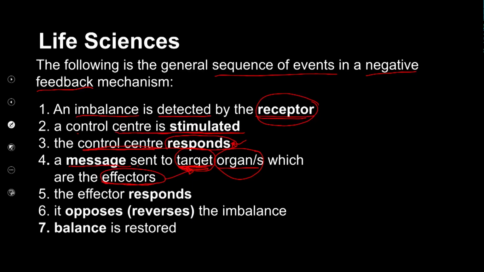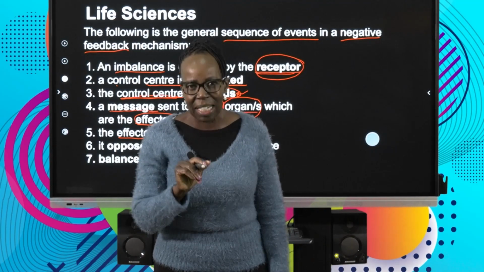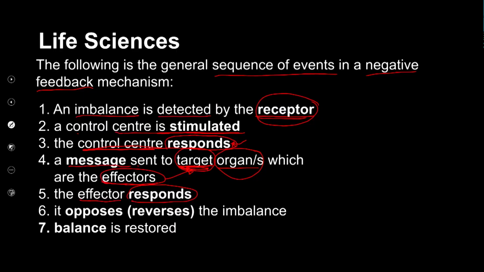What will happen now? The effector also must respond. If you are given a message, there's no way that you cannot respond. The effector now responds. How will this effector respond? Let's move to the next step. It opposes, or gives the reverse of, the imbalance.